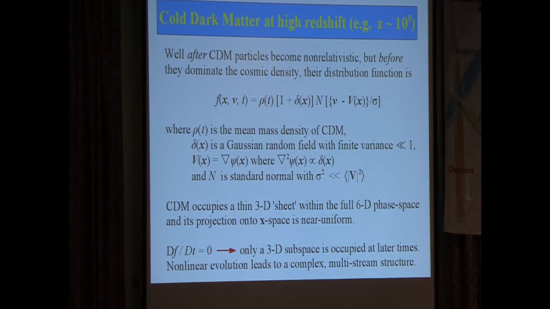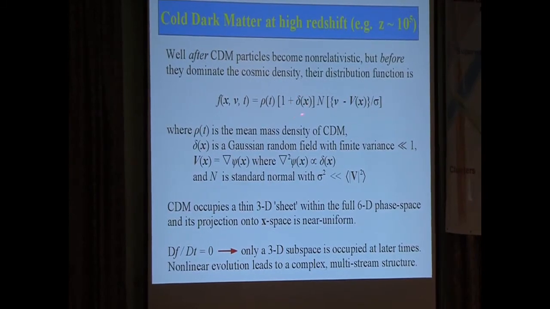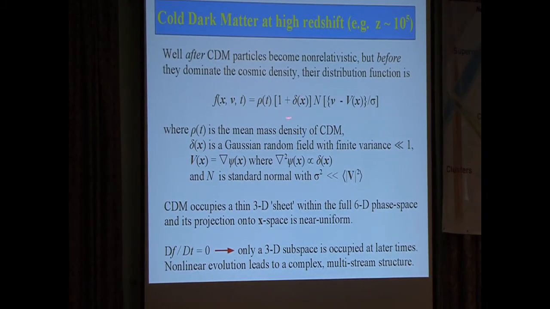So they're nearly uniform. So the spatial density is just the mean density of the dark matter at that time, with a linear perturbation from one place to another. And this is small.